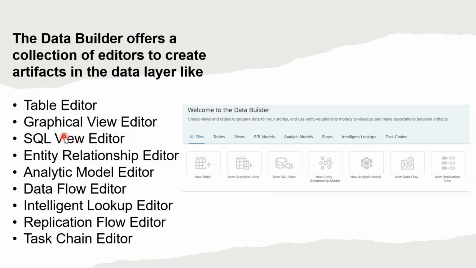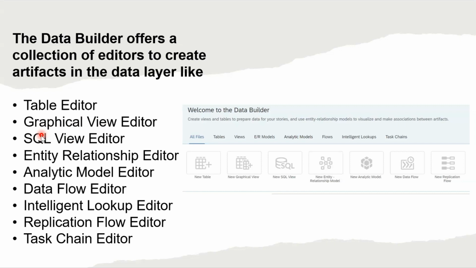Then we have SQL view. SQL view is also a view similar to the graphical view, but instead of a graphical representation, where you just drag and drop and do minimum coding, in SQL you need to write the entire code to join the tables.